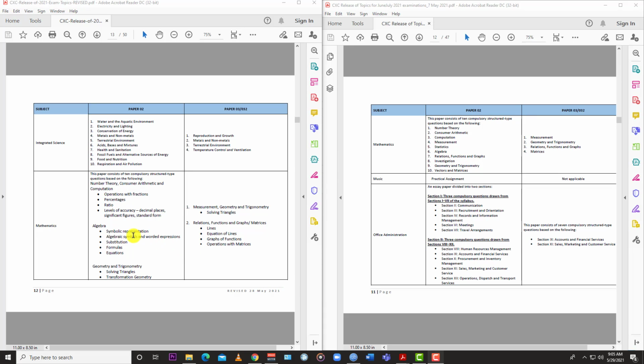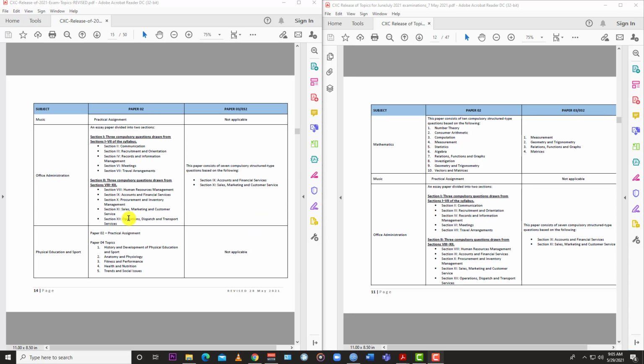In the revised one now, you have algebra, symbolic representation, substitution, formulas, equations, computation, ratio, percentage. So they broke out the maths topics into different subtopics. That's the only change. That's the big revision.